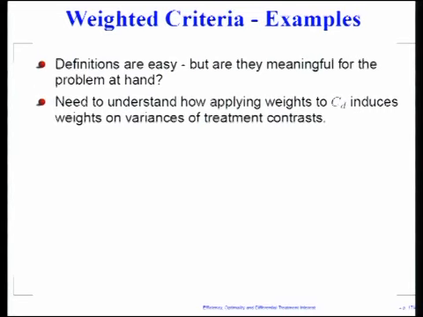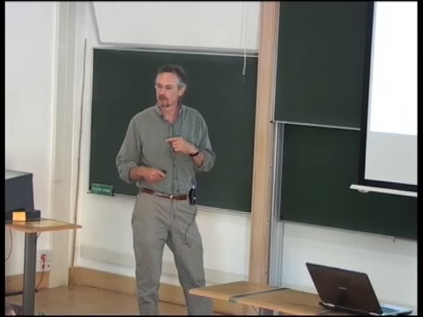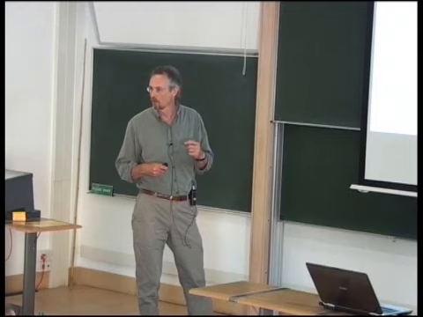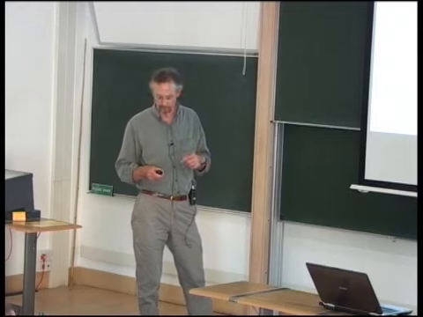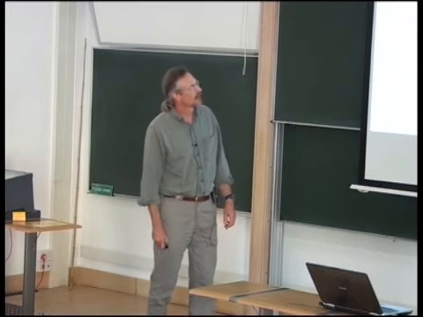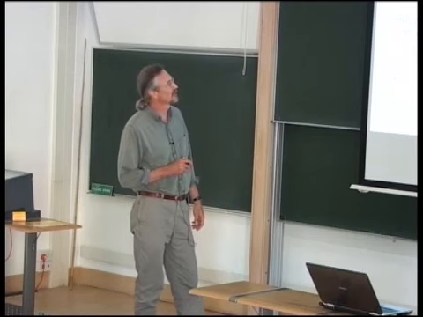So I want to get at an understanding of how applying weights to an information matrix induces weights on variances of treatment contrasts and how those things are really being taken into account when we do one of those weighted measures of optimality. So towards the definition of weighted variance, we'll look at the spectral decomposition of the weighted information matrix.